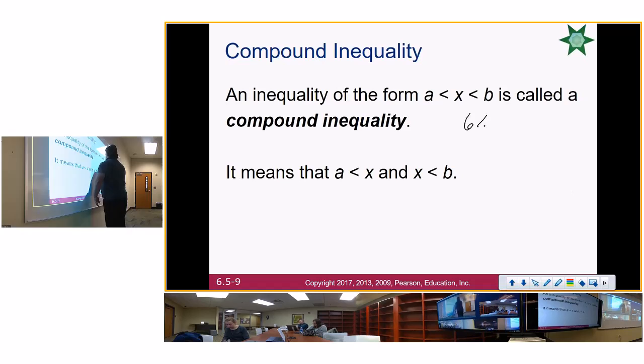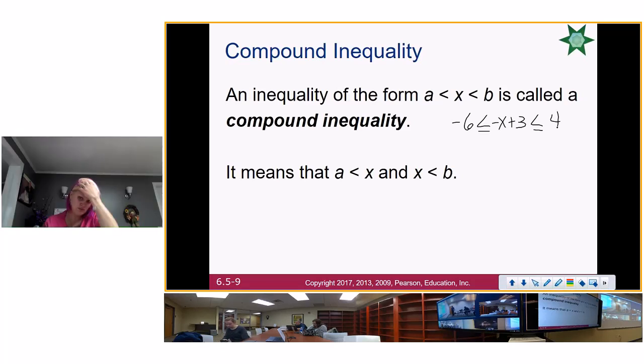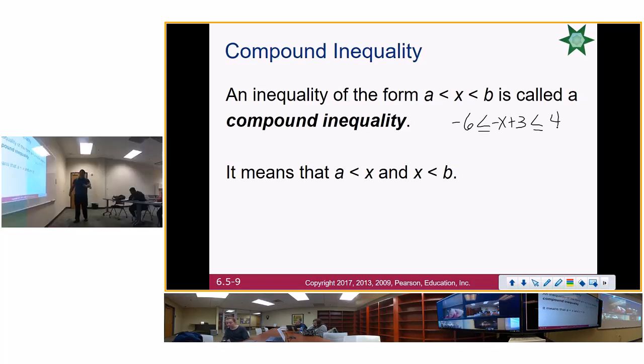Negative 6 is less than x plus 3, less than or equal to 4. I want you to highlight this one because this is where you have to deal with a negative variable, and this is the only time you will see me deal with a negative variable.